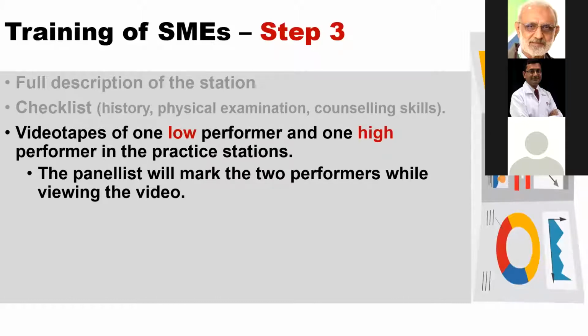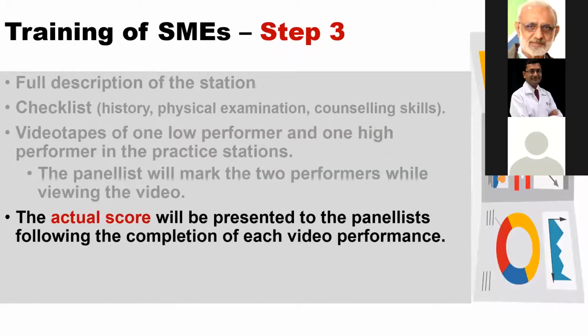The panelists will mark the two performers while viewing the video. And once they have marked, then the actual score will be presented to the panelists so that they can compare their marks with the actual score before they decide the minimal competence level.